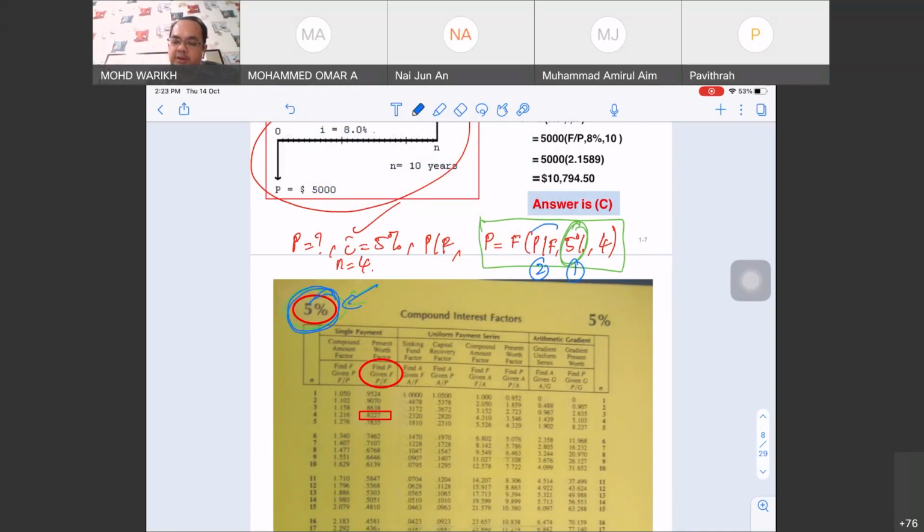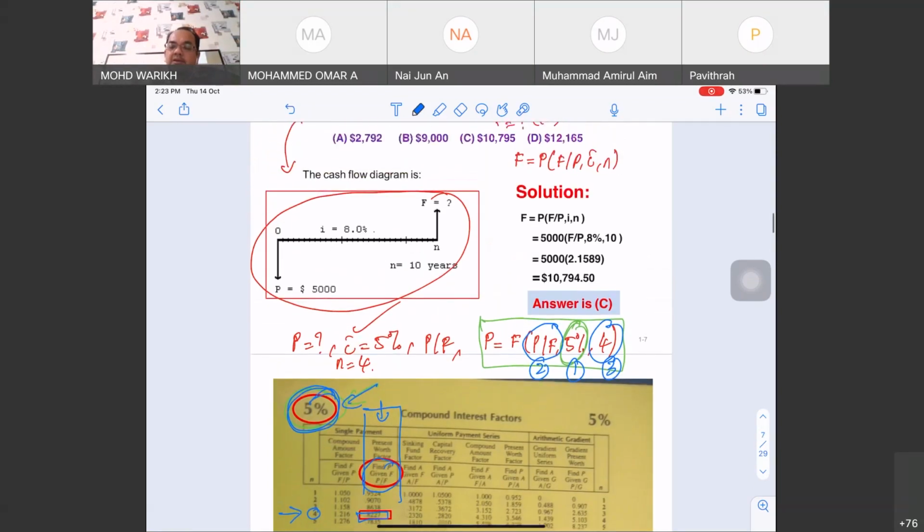The second one, refer to the column P over F, which is the second column. Then the third one, you have to find the number of N, which is 4. So get the number here. From this formula, you just key in the number here: 0.8227. Boleh? Can.